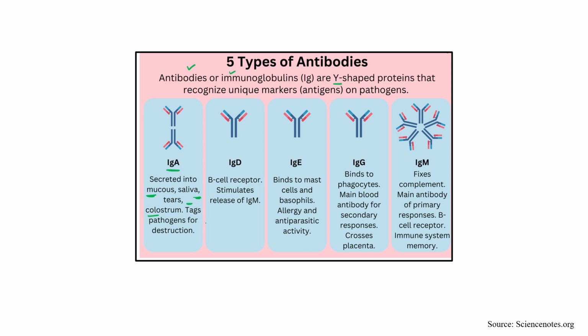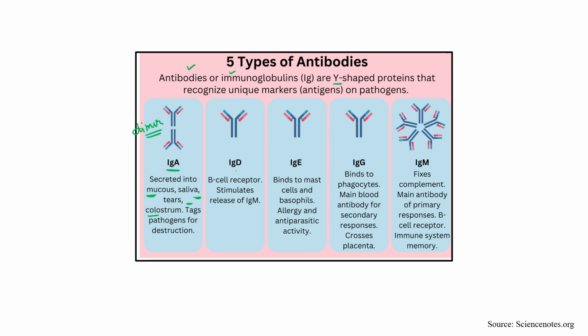Colostrum means milk secreted by the mother during the initial lactation days for the baby. So IgA is present in various types of secretions. This has a dimer structure.